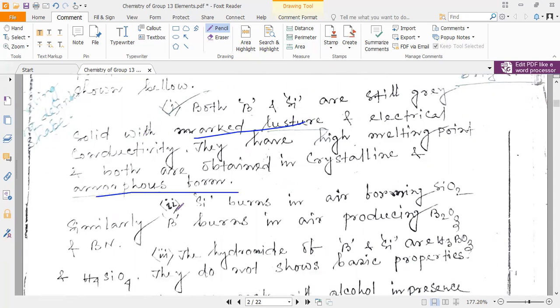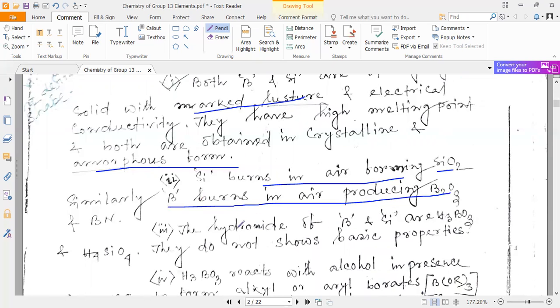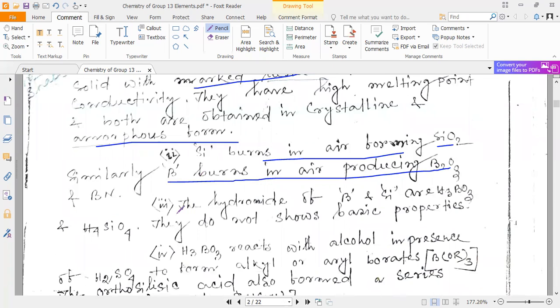The second point is that silicon burns in air to form silicon dioxide. Similarly, boron also burns in air producing boron trioxide. The third point is that the hydroxides of boron and silicon, like boric acid and hydrofluorosilicic acid, do not show basic properties.